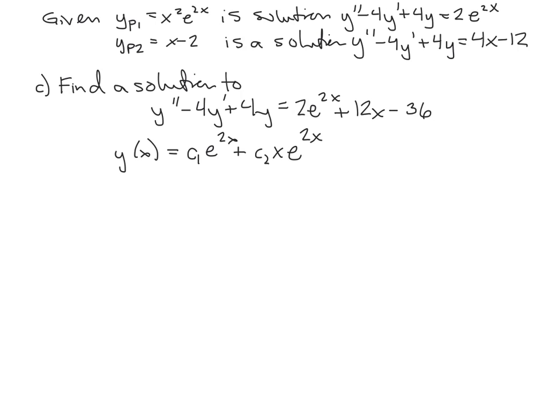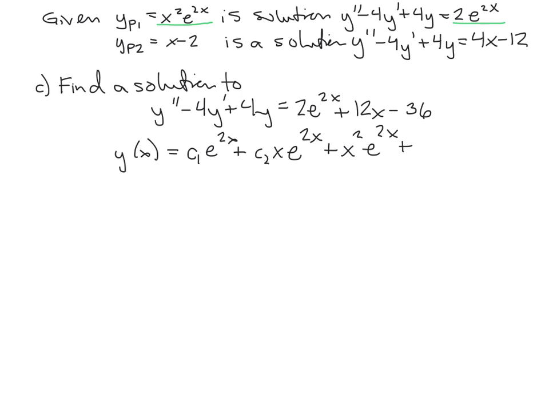Then we start adding on all these particular solutions that go with the different non-homogeneous parts. Notice that this one goes with 2e to the 2x, so we would add on x squared e to the 2x.